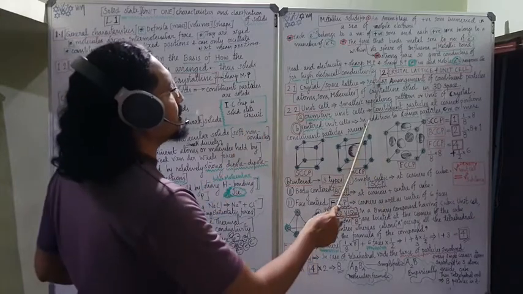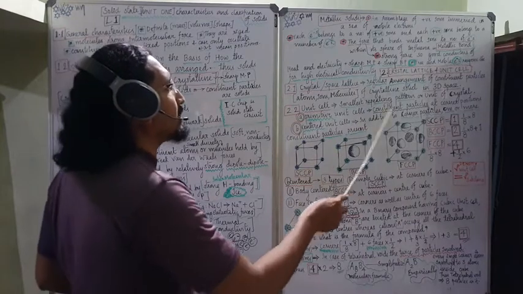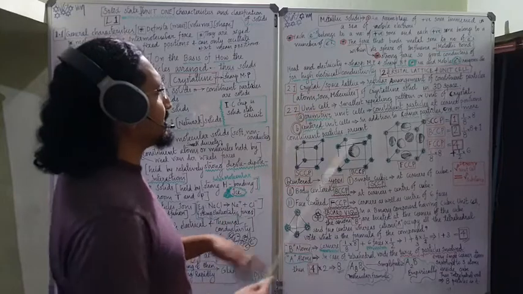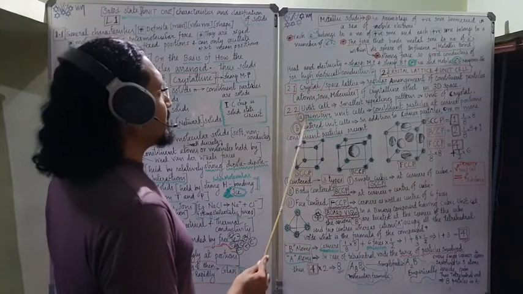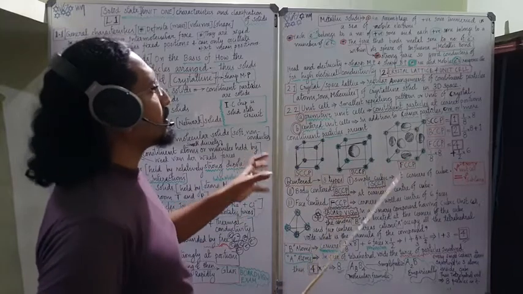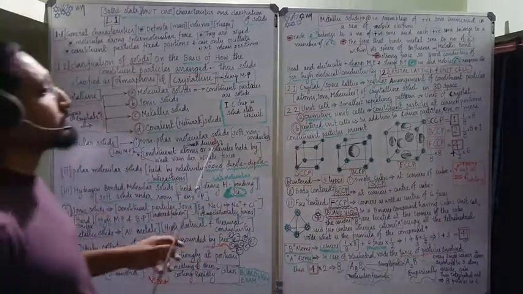In 3D space, it is arranged; that's the essence. Crystal or space lattice is the study of the regular arrangement of constituent particles of a crystalline solid in 3D space.